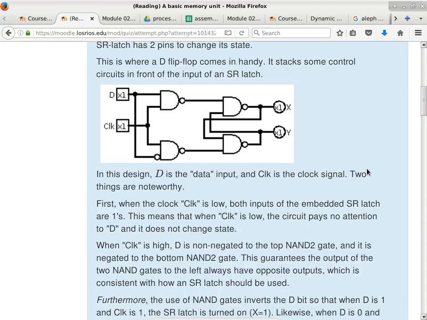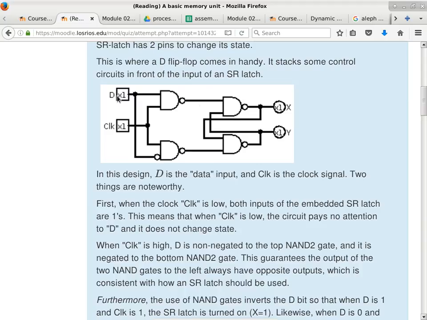Is that okay? When CLK is a 1, what's going to happen? Let's take a look. When clock is a 1, it basically doesn't do a single thing. That's all it says, okay? Because now the output of both of the NAND gates depends solely on D. With the top one, if D is a 1, then this becomes a 0.